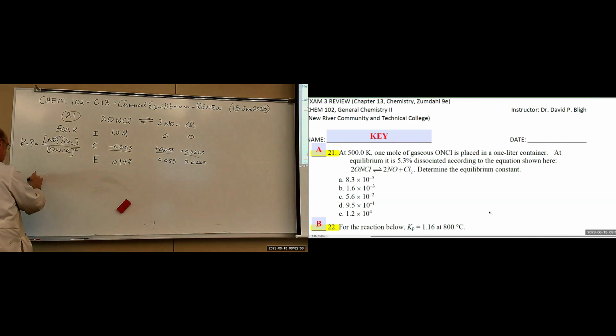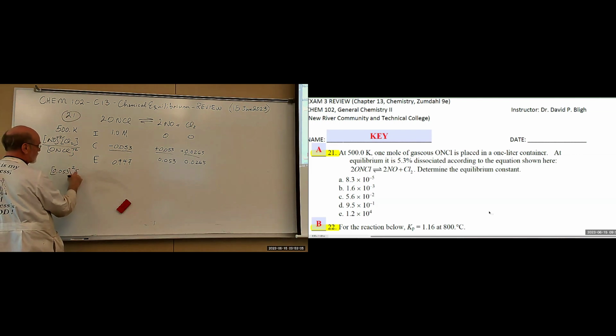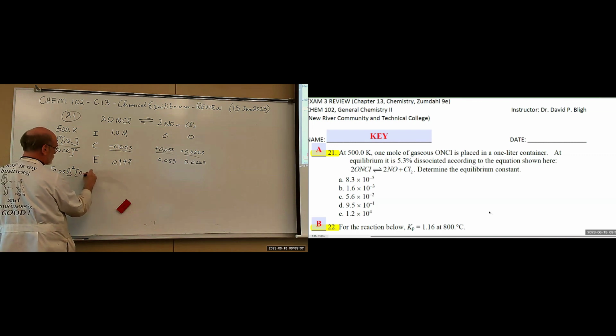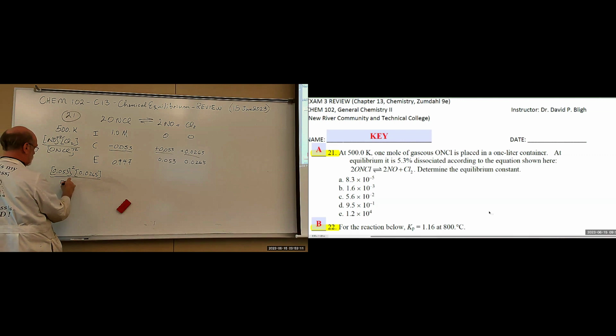We just plug them into our expression, and we have NO 0.053 squared, and then 0.0265 to the first power, and then 0.947 squared.